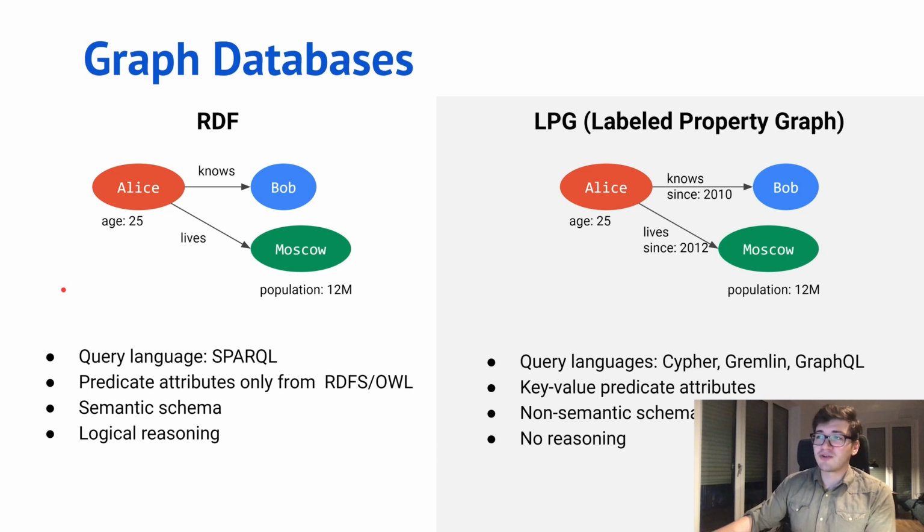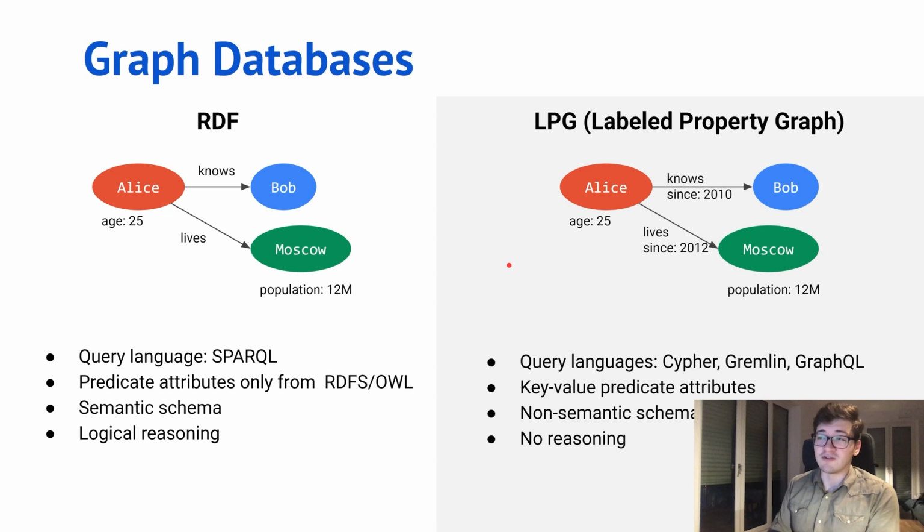Essentially, in labeled property graphs, you can have key value attributes over edges, whereas in RDF, you have only limited amount of them, so you cannot assign arbitrary key value attributes, but you can only assign those allowed by RDFS or OWL. And you query RDF databases with SPARQL, but LPGs you can query with Cypher or other languages.